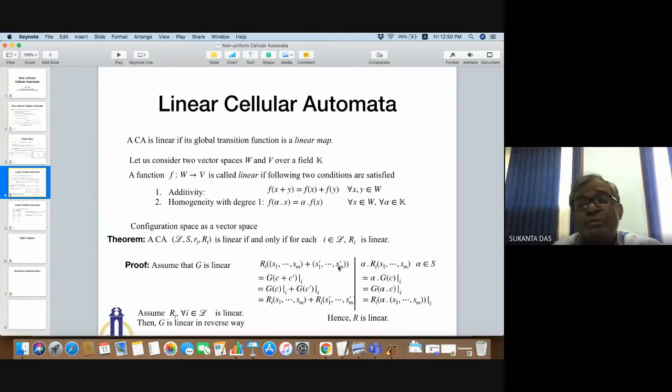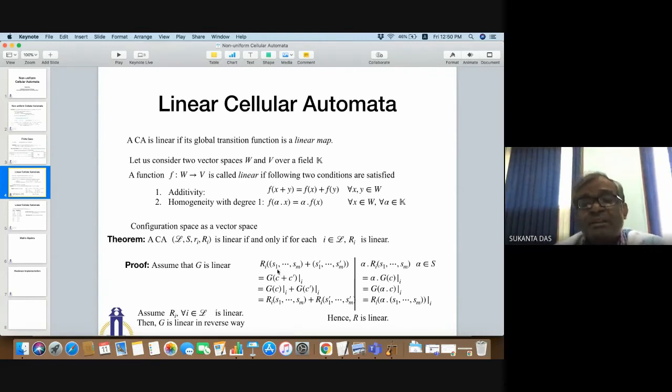What I have to prove? I have considered G as linear. From that, I have to show that Ri is linear. Ri is arbitrary, so if I can show that Ri is linear, then it's true for all i. First is additivity. Here s1 to sm is one neighborhood configuration, and s1 dash to sm dash is another neighborhood configuration.